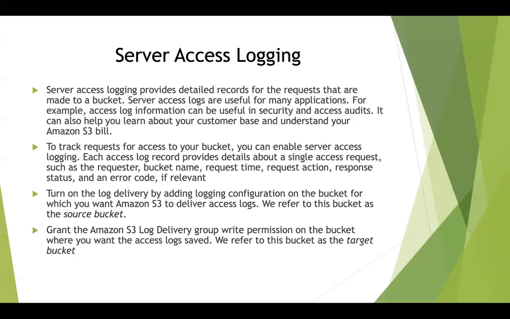You have to enable it on all the 10 buckets, and then all the logs of these 10 buckets, in terms of who requested access to that particular bucket, what the bucket name was, what the request time was, and all those related details, will be stored in one S3 log bucket. Okay, so that one bucket will generally be used for auditing purposes, and for that one bucket we will have to provide the S3 log delivery group write permission.